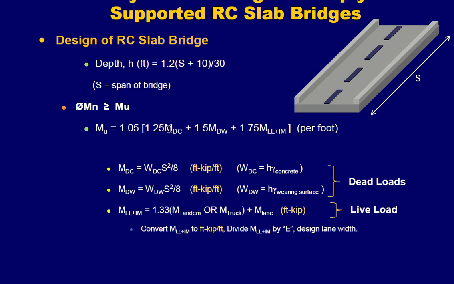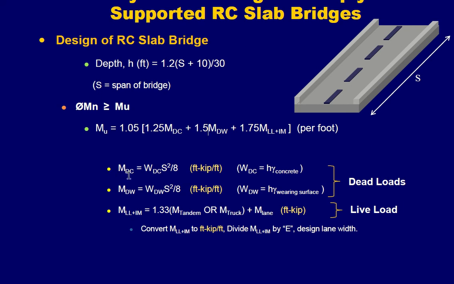For the structural and non-structural dead load the factor was 1.25, and for the wearing course the factor was 1.5, right? We have seen all these things previously, and 1.75 M live load. In live load, we have discussed the vehicular loads. So this will give you Mu per foot.